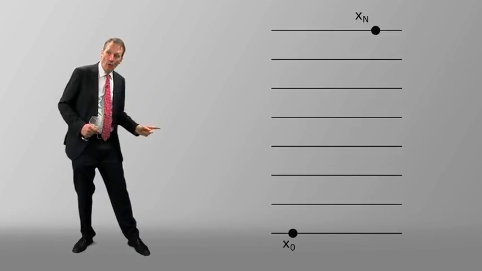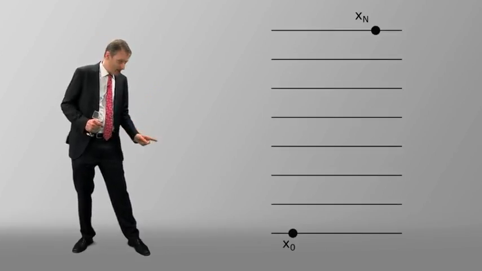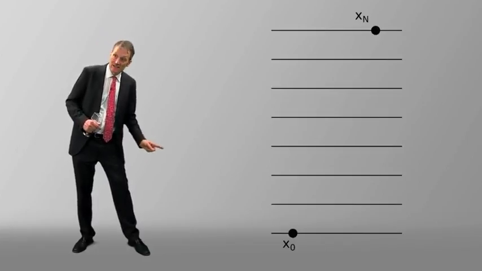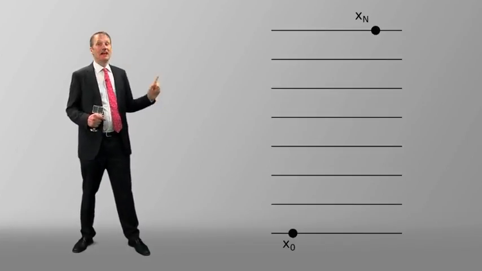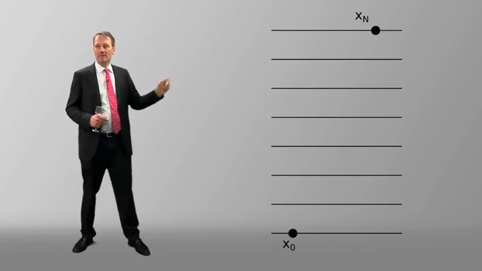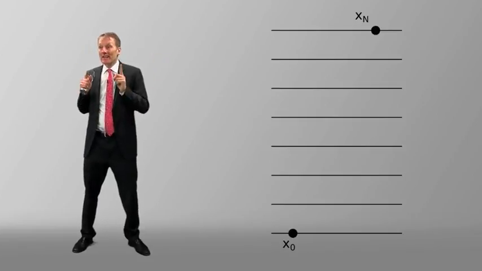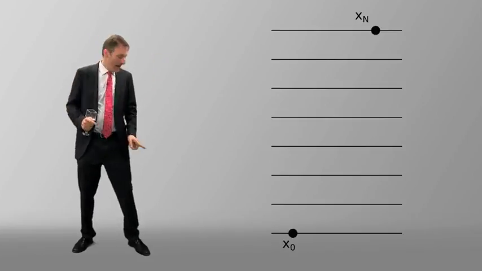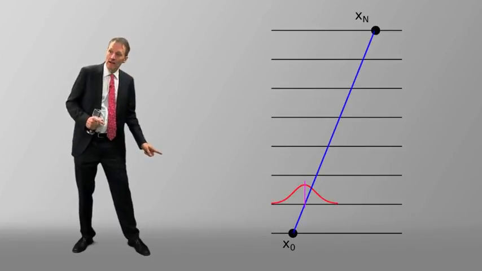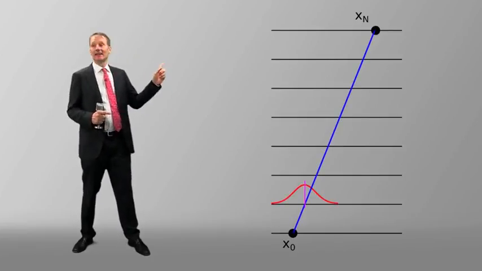Let's apply this idea for xk equal to x1, x prime equal to x0, and x double prime equal to xn. We can sample the position x1 given x0 and xn.